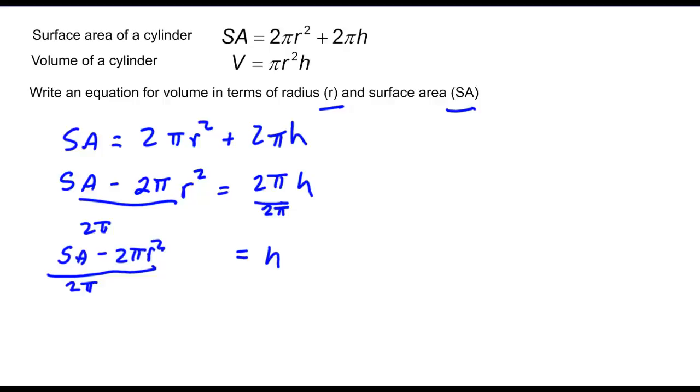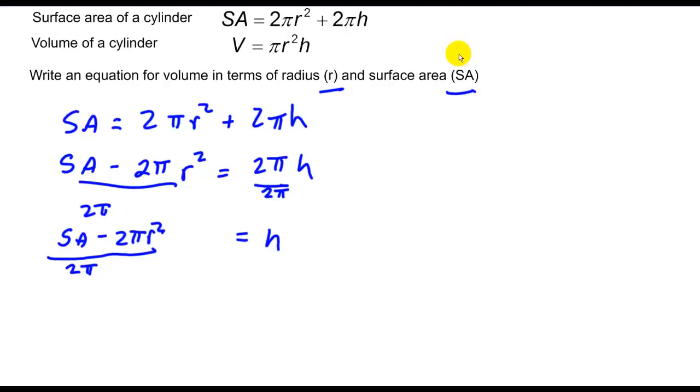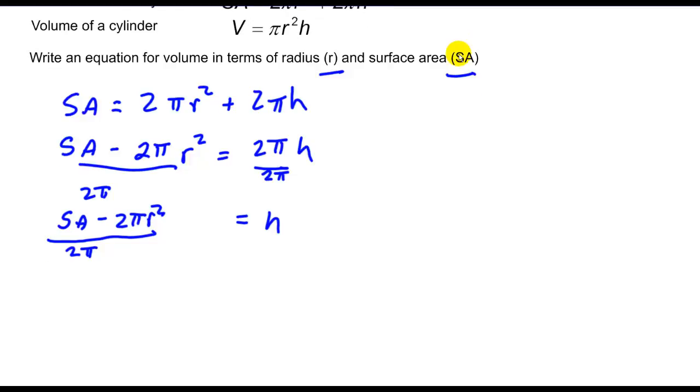Now, the problem's not done because initially we were asked to write the equation for volume in terms of my radius and my surface area. Here's my volume equation: volume equals pi r squared times h. But h is now expressed as the surface area minus 2 pi r squared over 2 pi.